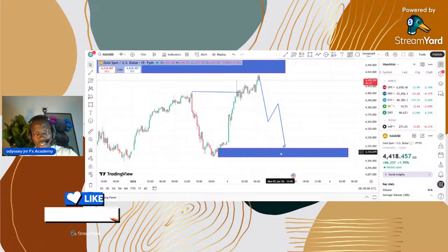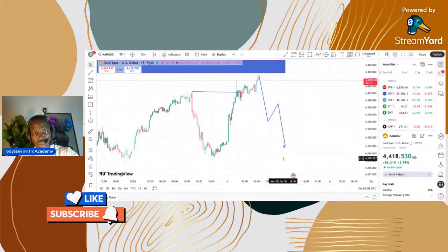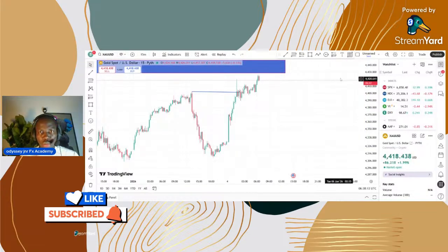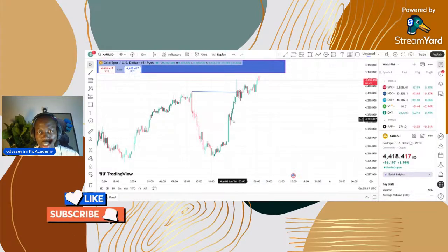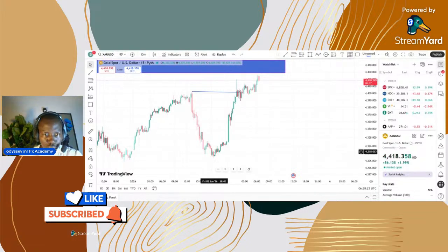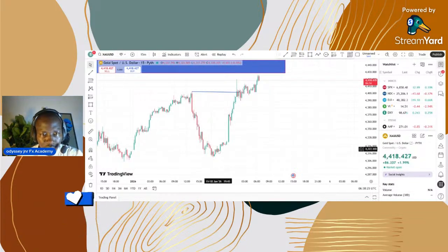What I'm expecting here is first of all for this market to give me a liquidity, the inducement liquidity here, before I can enter this trade here.